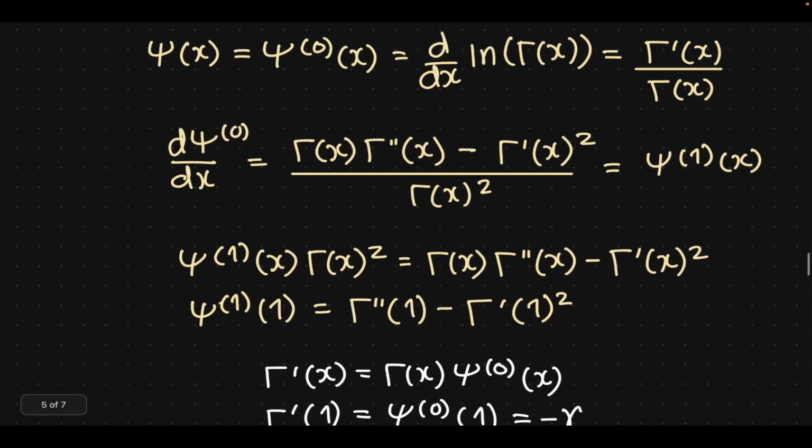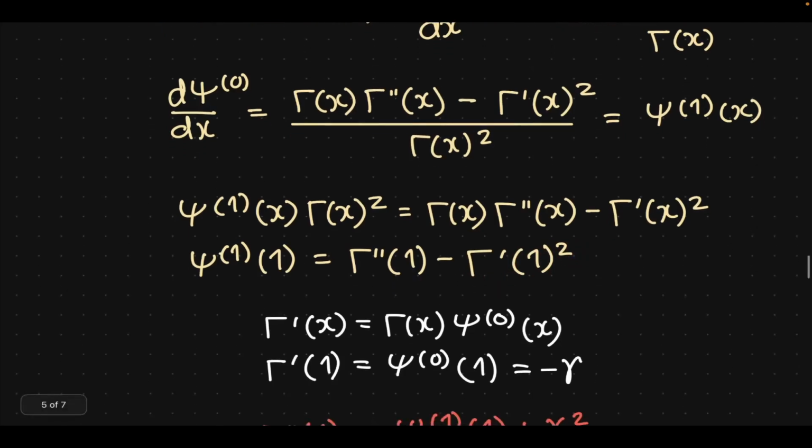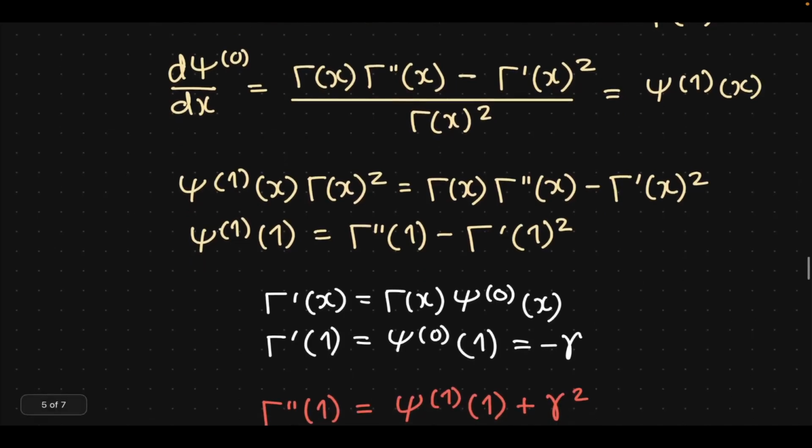So now let's just plug in 1. So we get polygamma order 1 of 1 equals gamma double prime of 1 minus gamma prime of 1 squared, because gamma of 1 is 1. So now we get the relationship.